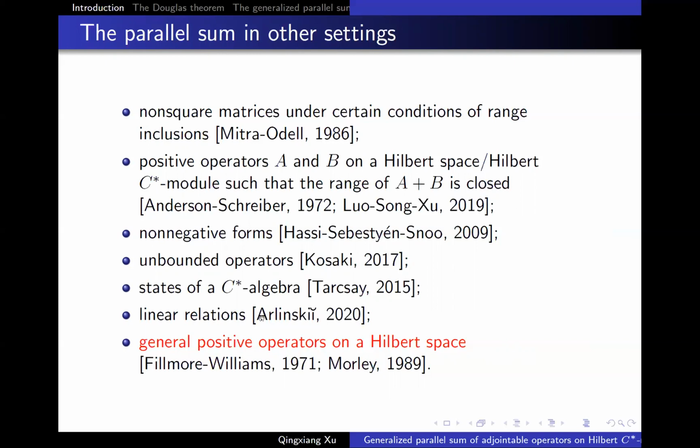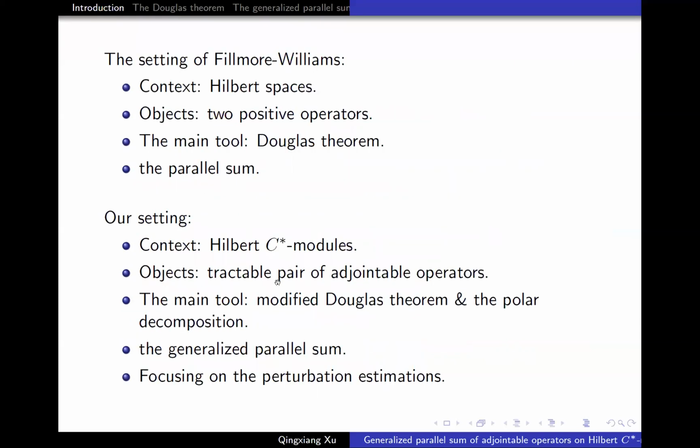Now let's make a comparison between the settings of Williams and ours. At first, look at the context. In their setting, the underlying space is Hilbert spaces, and in our setting, we use Hilbert modules. Of course, I mentioned that Hilbert modules are one generalization of Hilbert spaces. The first one is the generalization.